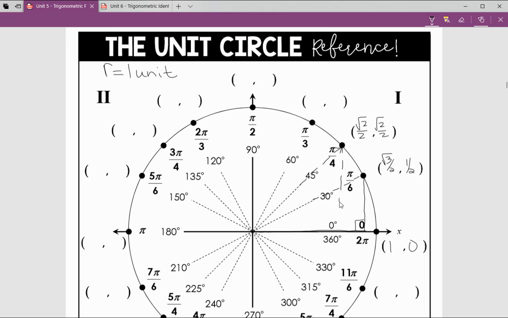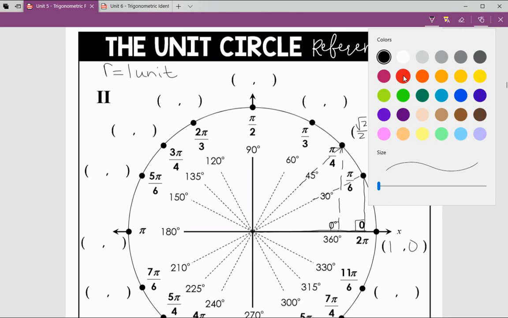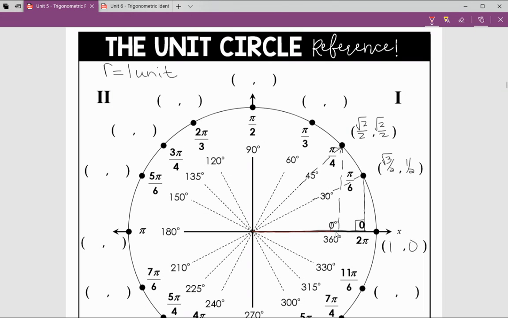Now, there is a 45-degree triangle right here. That's a 45, 45, 90 triangle. Okay? Now, you don't always have to draw in the triangles, but you need to understand that they are actually there in every single one of these angles.